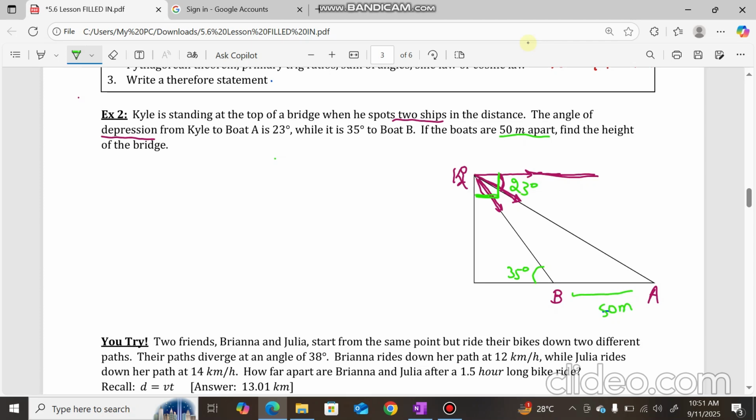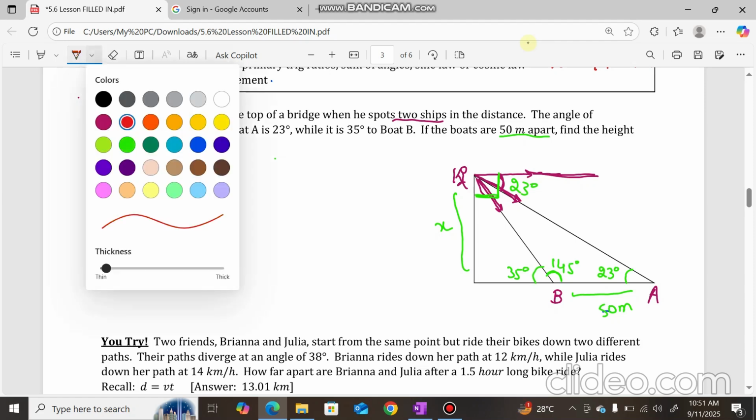So here Kelly is standing, we have to find this one, so let's represent it by x. If this one is 23, by using alternate angles this one will be 23, and this full angle is 90, so this is 31, and the sum of two angles on a straight line is 180 degrees, so this will be 145, because 180 minus 35 is 145.